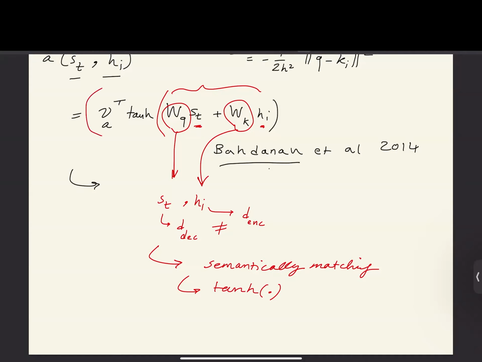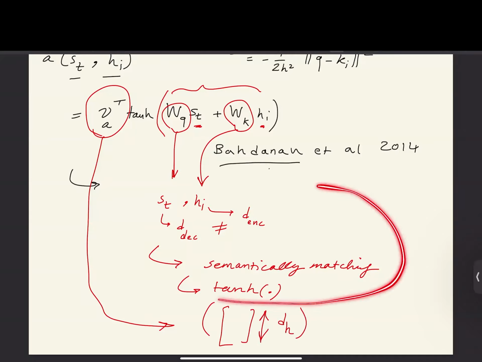And then we have this v_a that is basically a feature selector in this alignment space. After computing the d_h dimensional match features, we have a vector of features with d_h dimension. But then we also choose those features that actually matter in this alignment. So v_a helps us to do that, to assign some positive and negative importance to each one of these hidden features produced by the tanh.